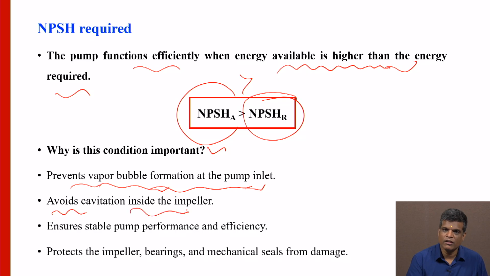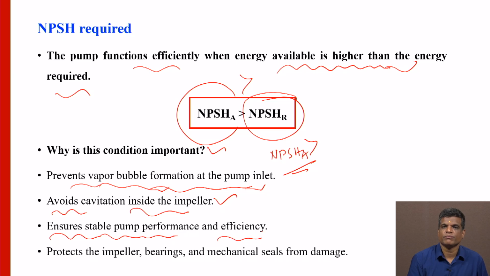There is an impeller inside, and we try to avoid cavitation there, because if NPSH available is higher, it avoids cavitation inside the impeller. Then it ensures stable pump performance and efficiency, because you want good efficiency and good performance.